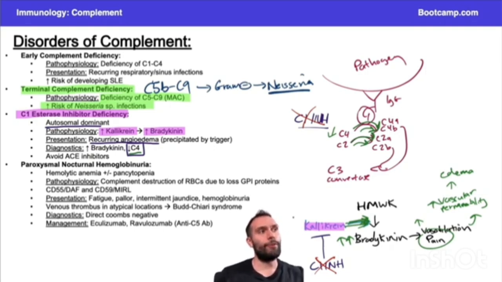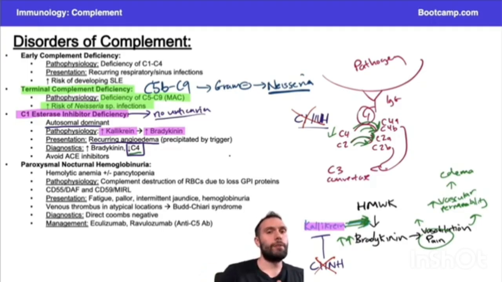But one thing that's different when you're talking about C1 esterase inhibitor deficiency from something like a type 1 hypersensitivity is that in this situation, there's really no urticaria, especially in a board question. There's no urticaria. So that's one way that you can try to tease out type 1 hypersensitivity leading to anaphylaxis versus a C1 esterase inhibitor deficiency, because they're treated differently, right?